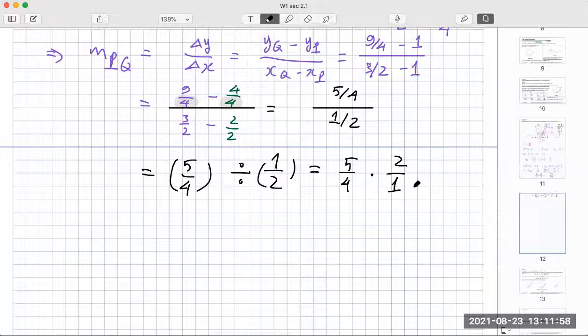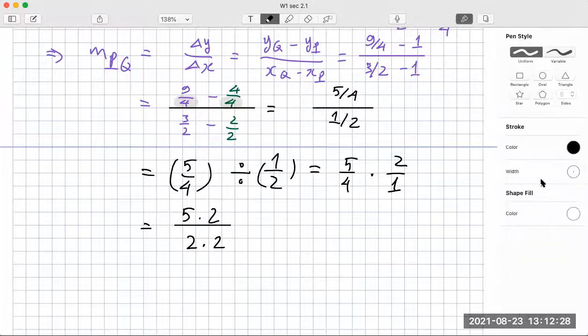With multiplication, we can write it as the product of the numerator and the denominator. 4 we can write as 2 times 2, right? Good, smart. Then in the numerator and denominator, they both have number 2. Okay, what should we do? They will cancel out. Good job. This guy cancels with this guy, leaving us 5/2.